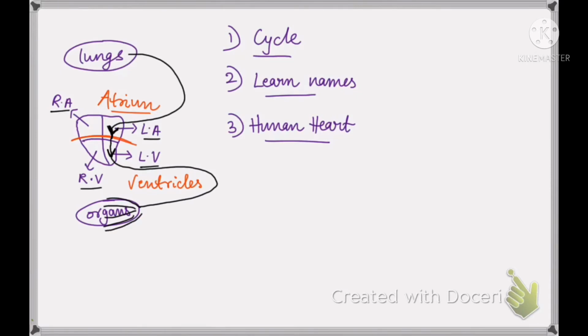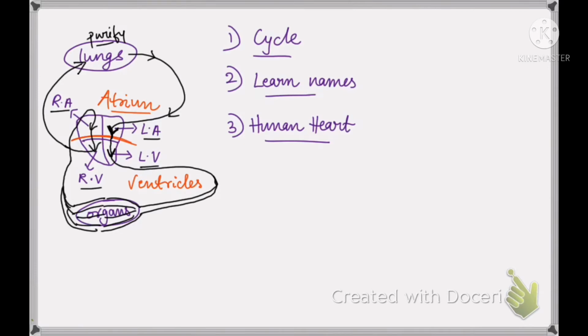Then, when different organs and cells use it, they release CO2 into the same blood, and now this deoxygenated blood enters the right atrium of our heart, and then it goes to the right ventricle, and from there it comes back to the lungs. From the lungs it again gets purified by the process of respiration, and is released again as oxygenated blood.